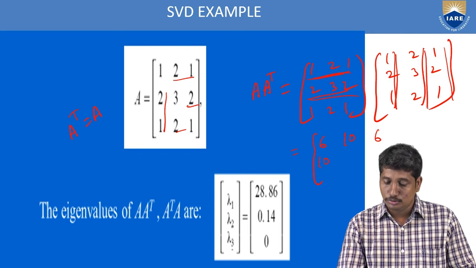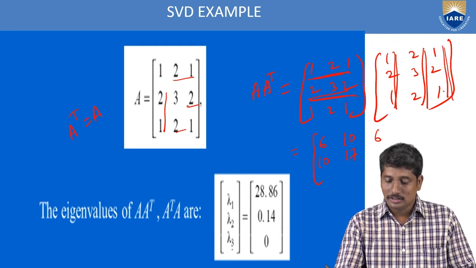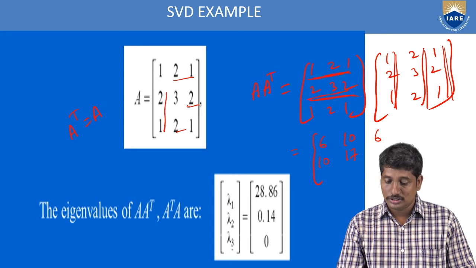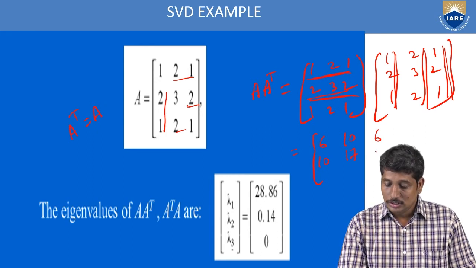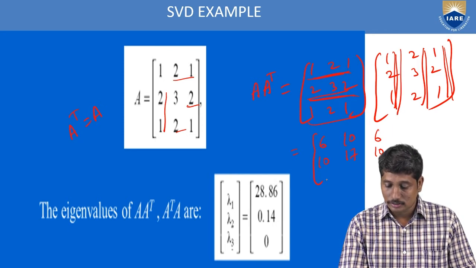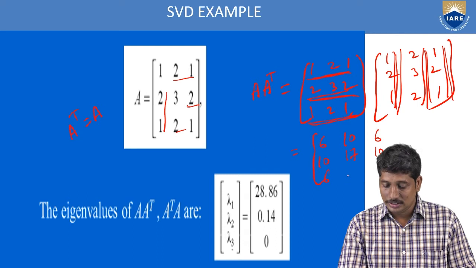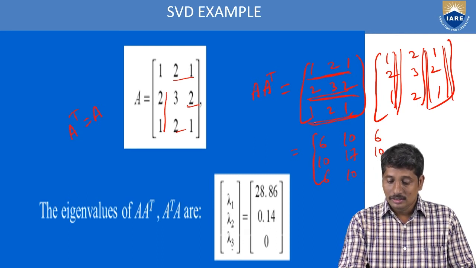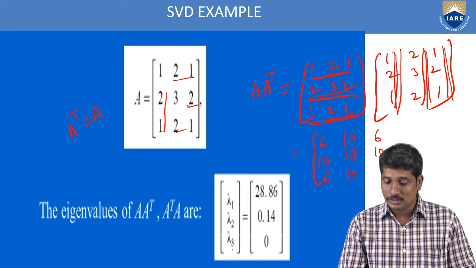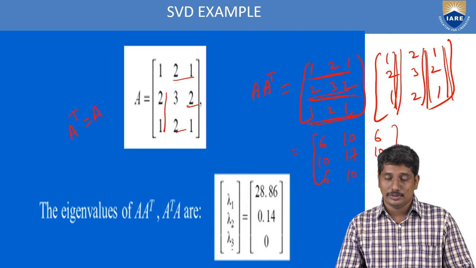Second row, second column: 2 2s are 4, 3 3s are 9, 2 2s are 4, that is 17. Second row, third column: 2 1s are 2, 3 2s are 6, 2 1s are 2, that is 10. Similarly, third row, first column we get 6, third row, second column we get 10, and finally 1 2 1 into 1 2 1, we get 6. Okay, this is our A into A transpose.